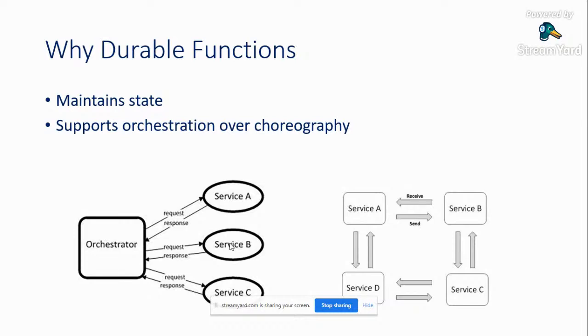But in durable functions, you can run long running orchestrations, long running functions. So there are two main things for which we go for durable functions: one is that it maintains state, and the second is that if you want to run long running functions, then you can go for durable functions.